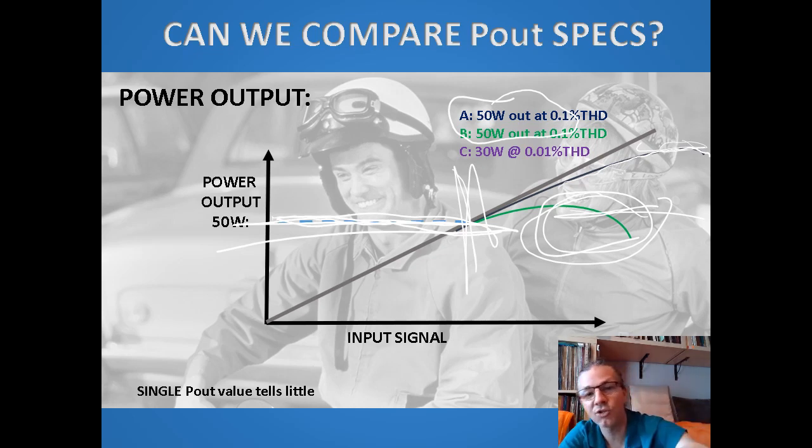And here I show you another example, a 30 watt rated amp with a super minimal harmonic distortion, like 0.01%. This amp can be the exact same amp as any of the other two, because we are specifying it at the 30 watt level, which is around here.